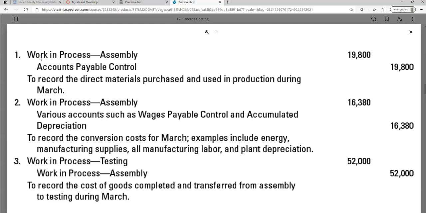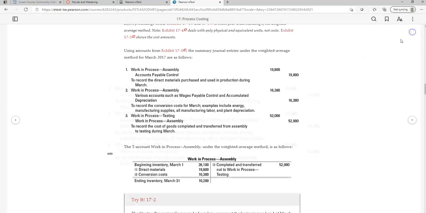And then finally, the transfer of products from the assembly department, which we're going to credit, to the testing department, which we're going to debit. So your work in process is simply going to be the conversion costs associated with converting the materials into finished units of output.